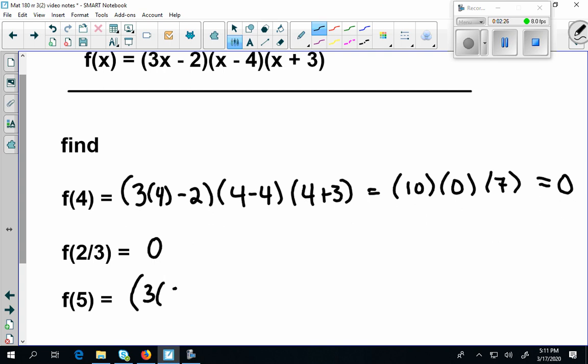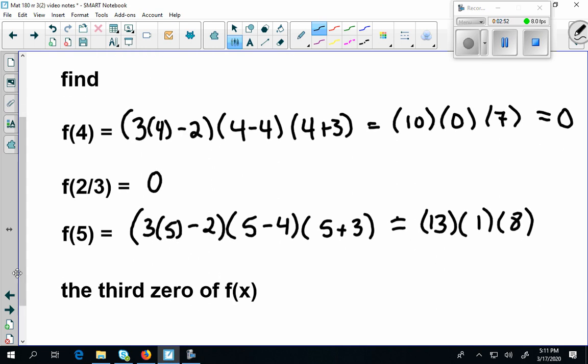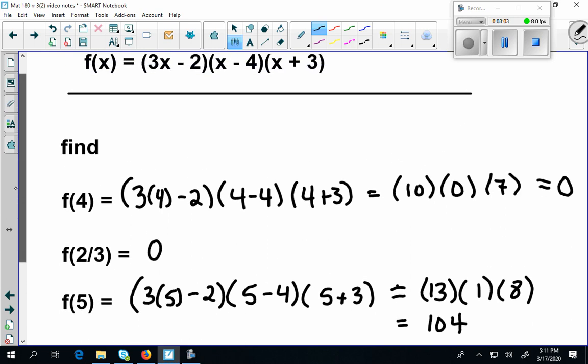We have 3 times 5 minus 2, then 5 minus 4, then 5 plus 3. 15 minus 2 is 13, 5 minus 4 is 1, and 5 plus 3 is 8. When I multiply, I get 104. So f of 5 is 104.